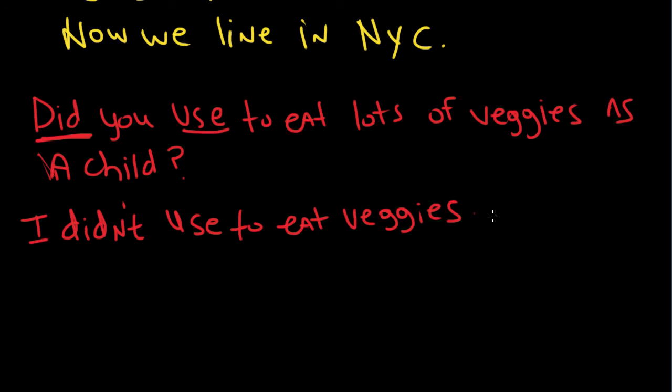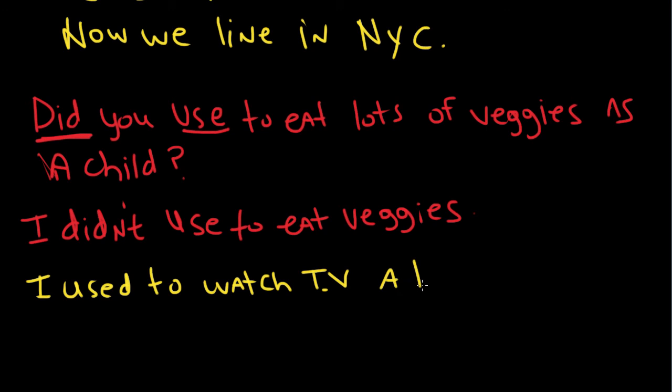So let's compare used to with was doing. For example, I used to watch TV a lot. It's a past thing that we used to do in the past, a past action that was habitual.